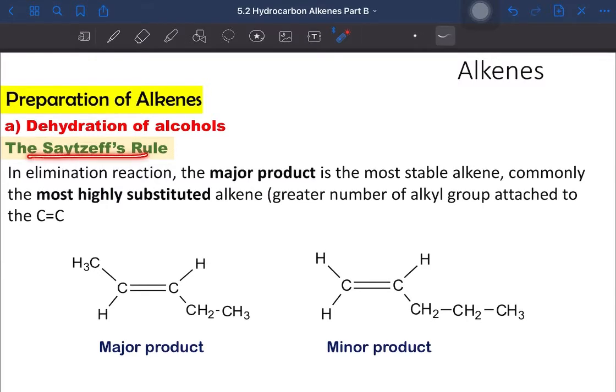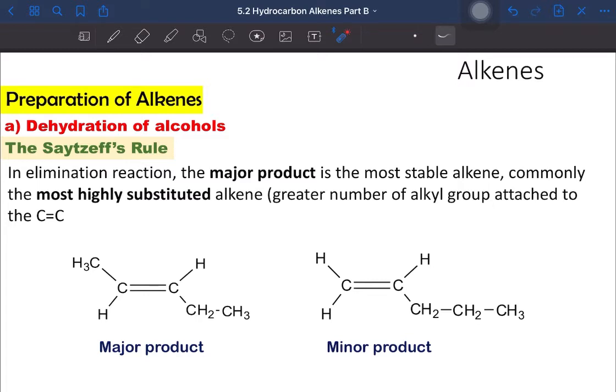The Saytzeff's rule states that in elimination reaction, the major product is the most stable alkene, commonly the most highly substituted alkene with greater number of alkyl groups attached to the carbon-carbon double bond. So maksudnya, lagi banyak number of alkyl group attached to the carbon-carbon double bond, dia akan disebut sebagai major product.